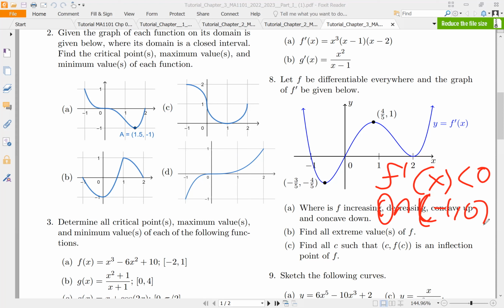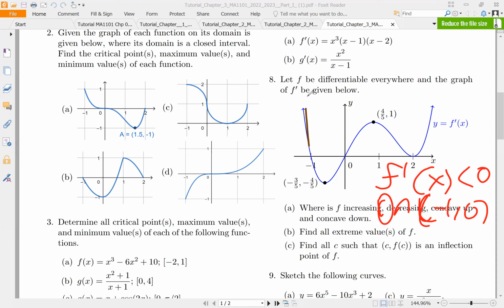Of course, for other parts of f', for example, f' is positive on the interval (-∞, -1), then f is increasing on (-∞, -1). Okay, I will use a different color there.